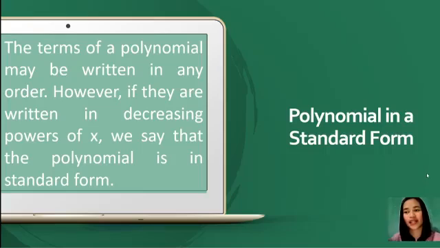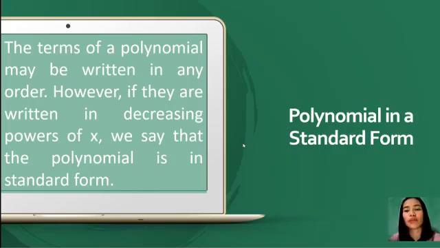Okay, so let's have polynomial functions in standard form. The terms of a polynomial may be written in any order. However, if they are written in decreasing powers of x, we say that the polynomial is in standard form. So we need to have the polynomial in standard form. First of all, we are going to identify the leading coefficient, the leading term, and the highest exponent for us to get the degree.